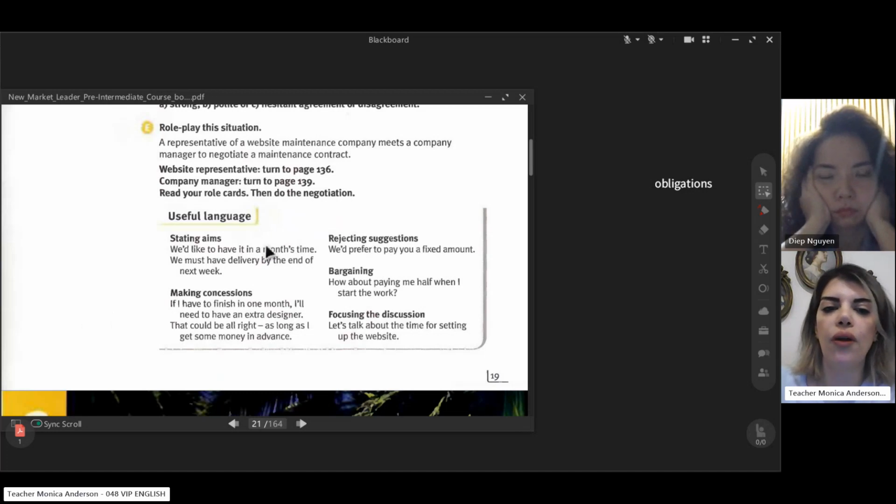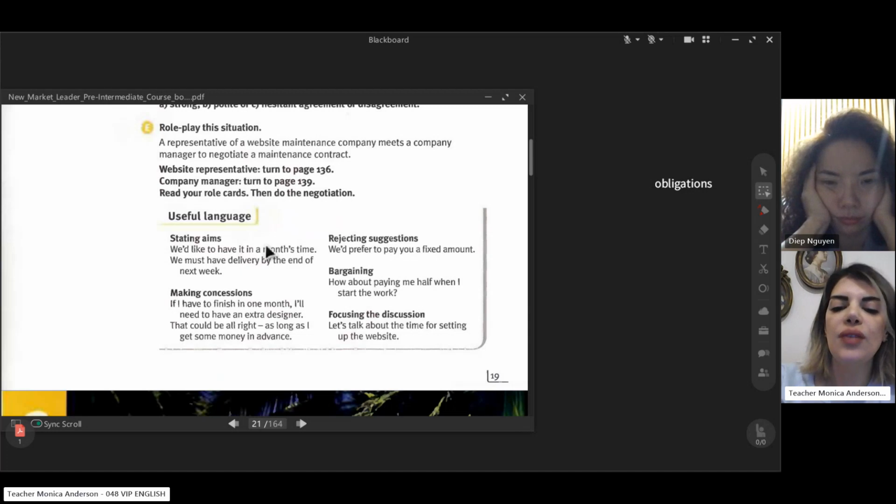Of course, we have bargaining here. The other one, how about, as I told you, we use it for giving an alternative. So it is really important to use these phrases. Second, how about, what do you think? So we have another one that is focusing on the discussion, and let's talk about the time for setting up the website.